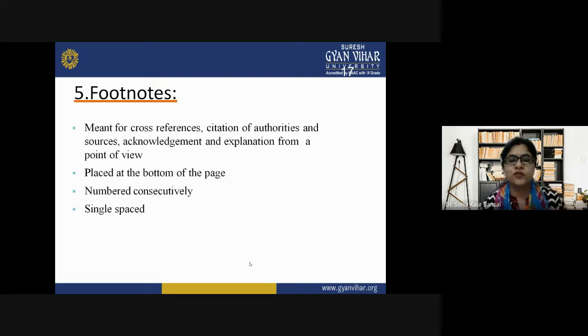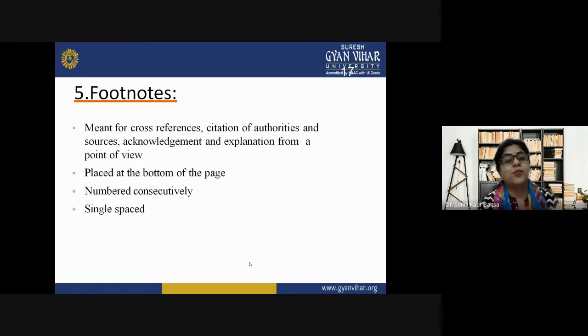So let's understand footnotes, what they are, and they actually serve as cross references. So how you are quoting a thought, is it right or wrong? The evaluator may cross check it. The only source to cross check whether you have given the correct reference from where you have taken it is the footnotes: citation of authorities and sources, acknowledgement, and explanation from a point of view.